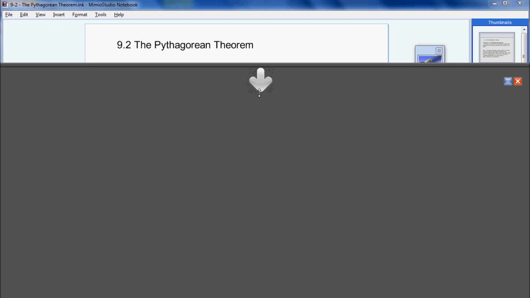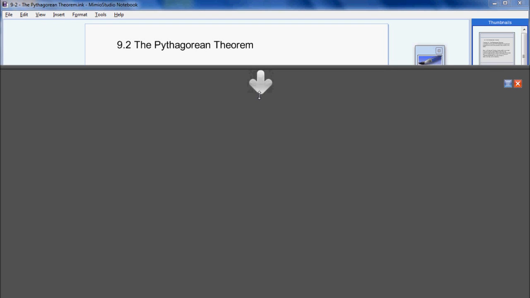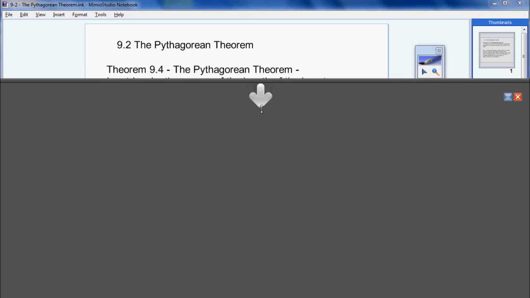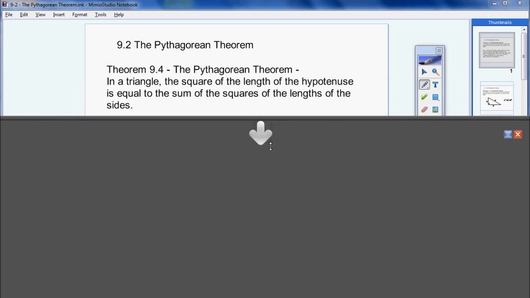So the Pythagorean theorem has a lot of complicated words for something that's fairly simple. So we're going to start with the wordy part of it, and then I'm going to explain a little bit of extra credit you can do, and then we're going to make it super, super simple. Okay, so Theorem 9.4, the Pythagorean theorem.